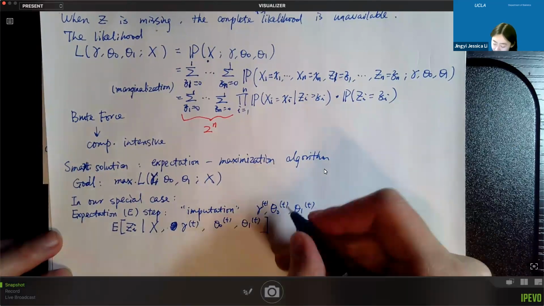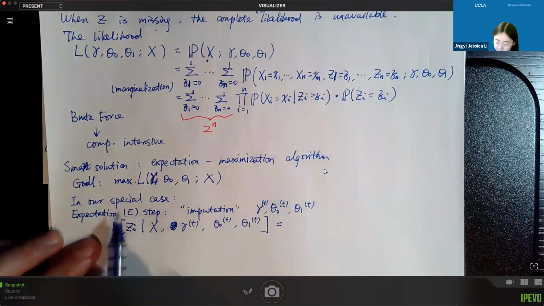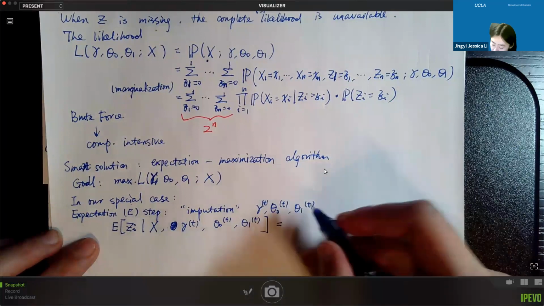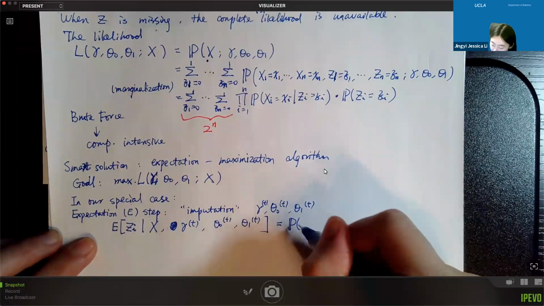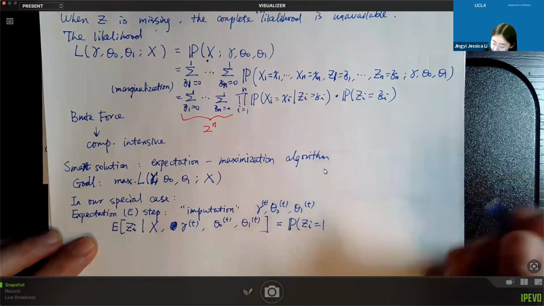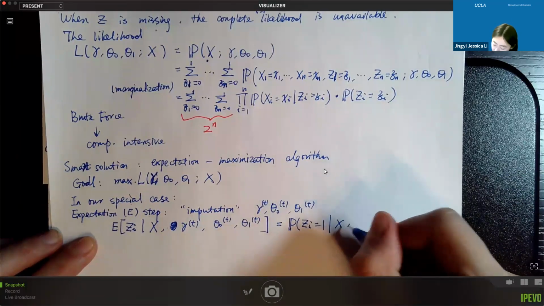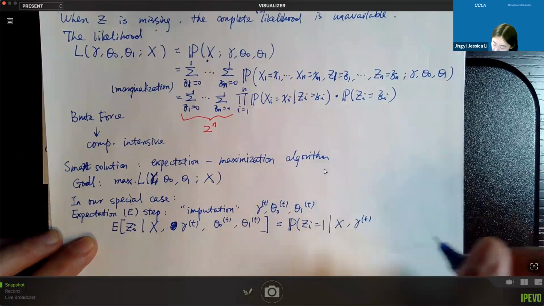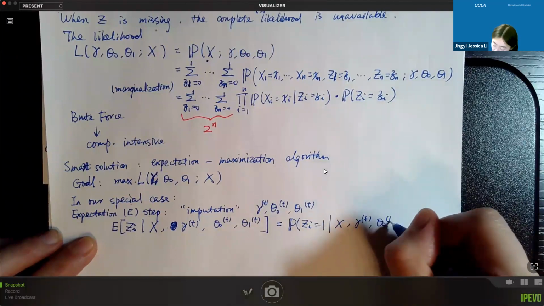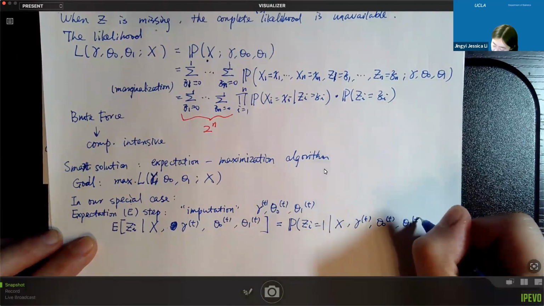The first thing we need to know in our special case is that Zi is a Bernoulli variable. For a Bernoulli variable, its expectation is just equal to the probability that it takes value 1. So it's equal to the probability Zi takes value 1 given our observed data x, gamma t, theta 0t, and theta 1t.